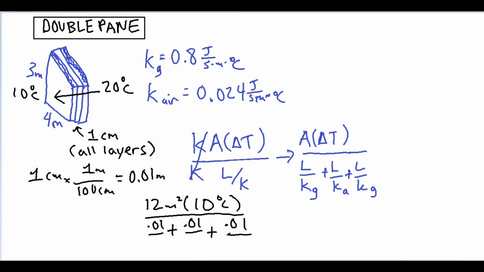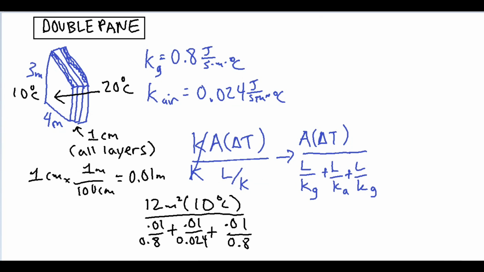And then we have 3 different K values, but in this case, 2 of them are the same because the outer 2 layers are glass. So this one's going to be 0.8. This one's also going to be 0.8. And then the middle layer for air is 0.024. So I would typically just use my calculator to add up all these fractions to get my denominator.